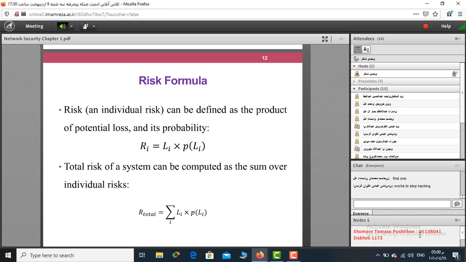P of L_i, P is probability, yes? And L here stands for loss. Loss number i, multiplied by the probability of loss number i.